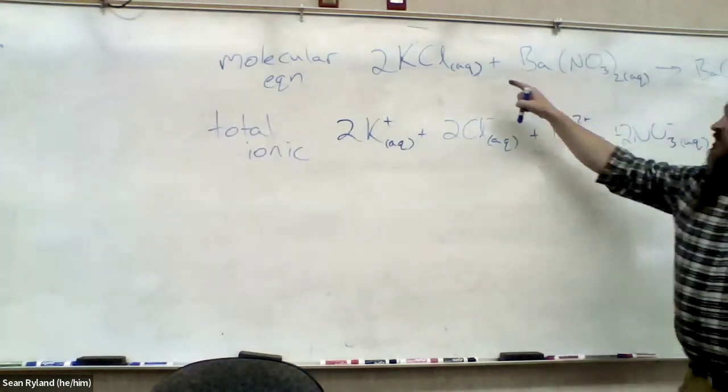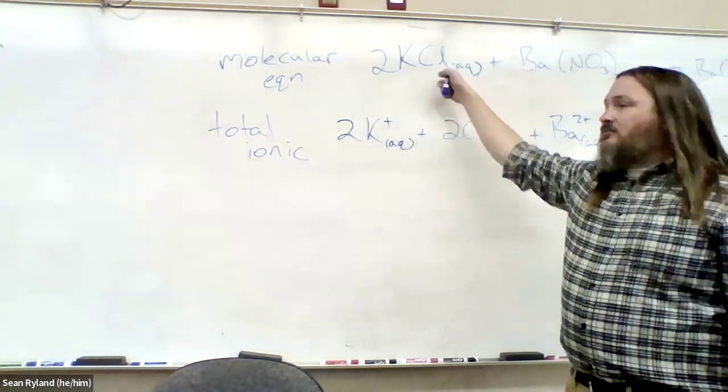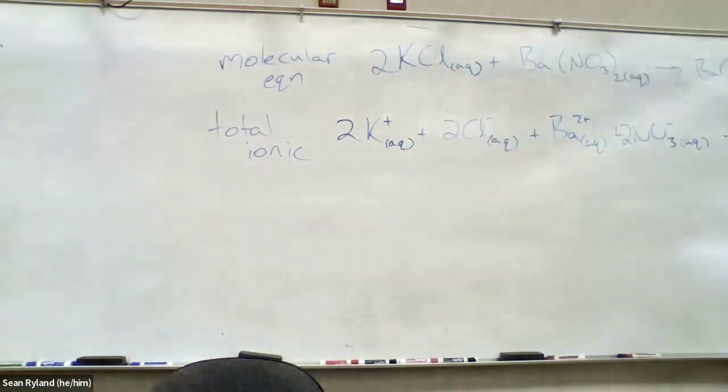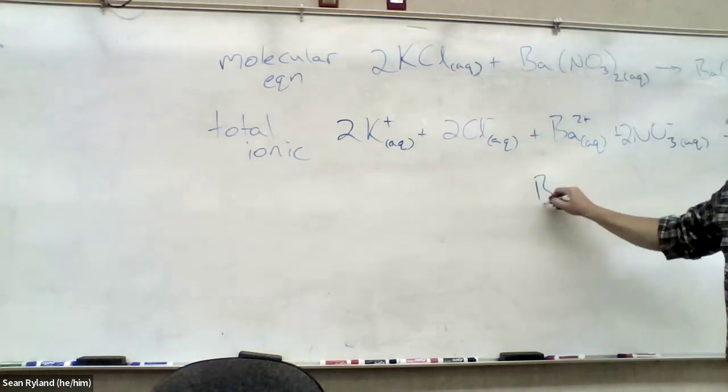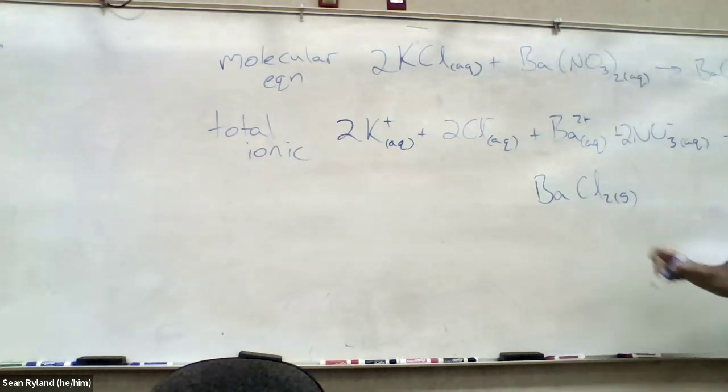So our other possible combination is barium plus chloride. And what this is telling us is that barium chloride turns into a solid, which means after we mix these things together, we actually do get an ionic compound forming as a solid.